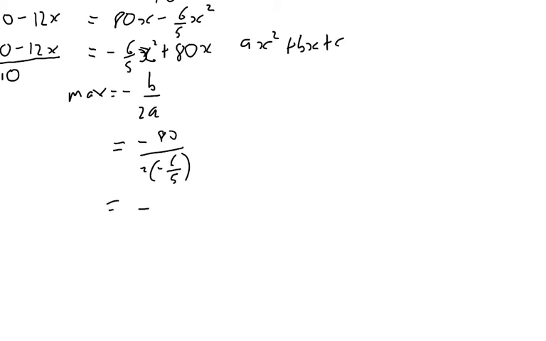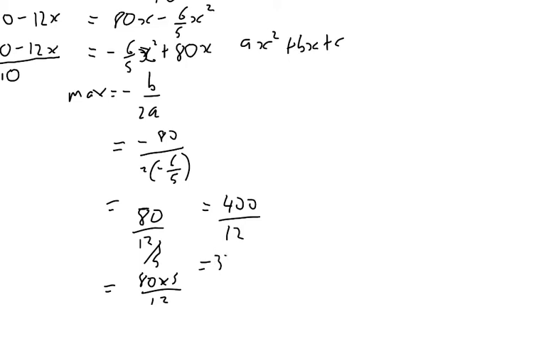That equals 80 over 12 divided by 5, which equals 80 times 5 over 12, because when we're dividing by a fraction, we flip and multiply. That equals 400 over 12, which equals 33.33. So that's what x equals.